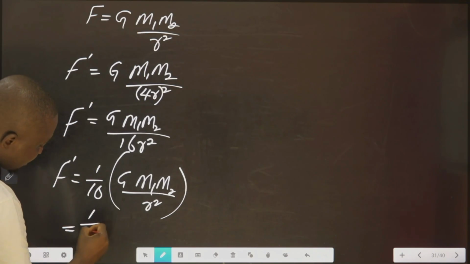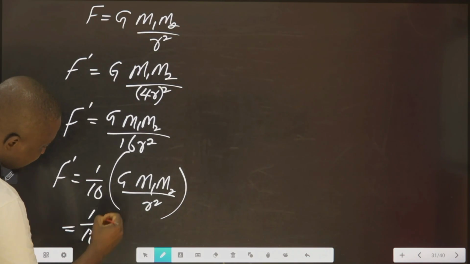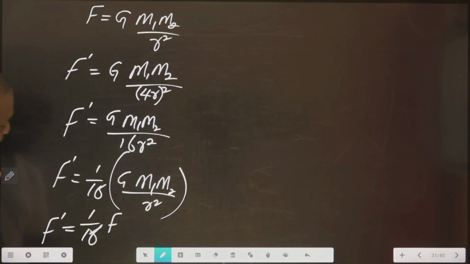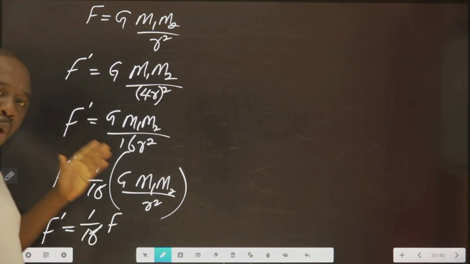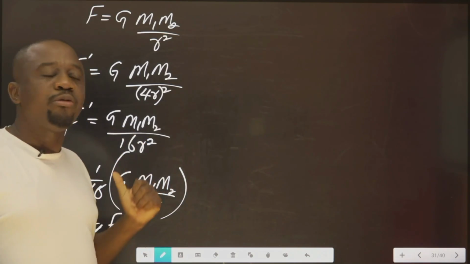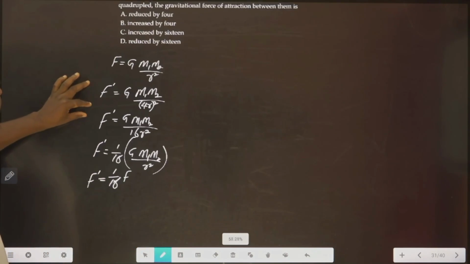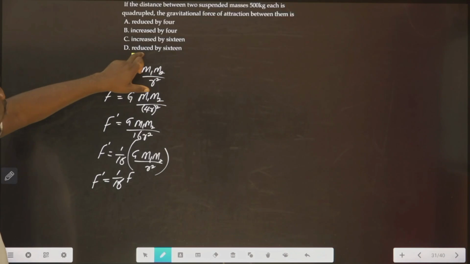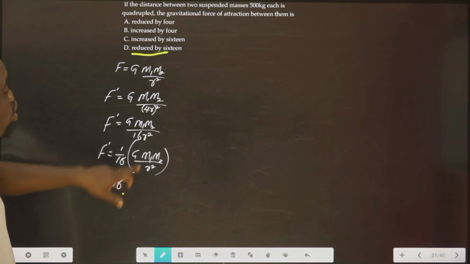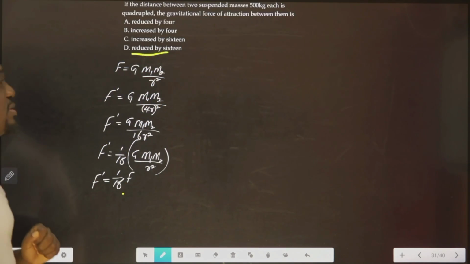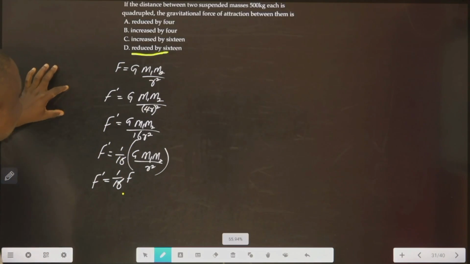I can replace this now by F. So the new force is 1 over 16 of the old force. Reduced, because we are dividing it, reduced by 16. So D is the answer.